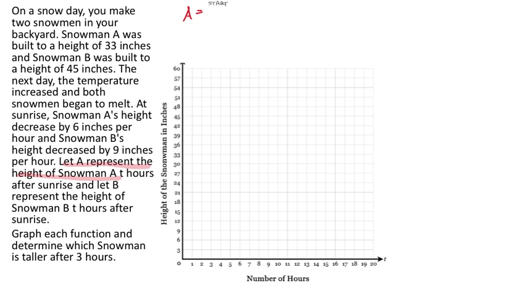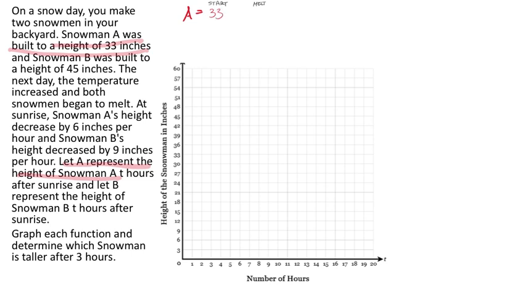But then it's also going to melt. So, how tall is it first thing in the morning? It says snowman A is 33 inches tall. That's how much it was when they built it. So it starts at 33 inches.